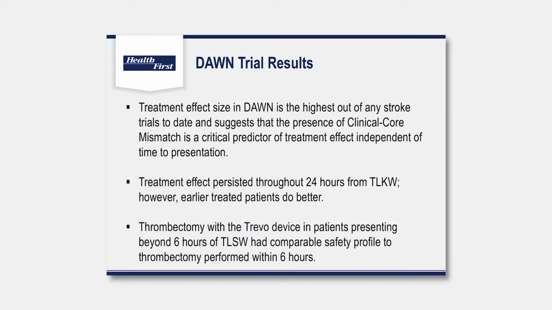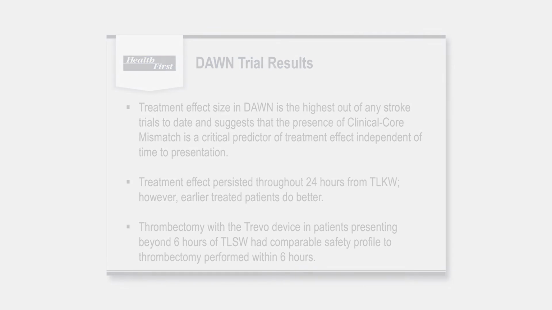This study provides significant evidence supporting thrombectomy treatment between 6 and 24 hours after stroke onset. The treatment effect size is the highest out of any stroke trials to date, which suggests that the presence of clinical core mismatch is a critical predictor.